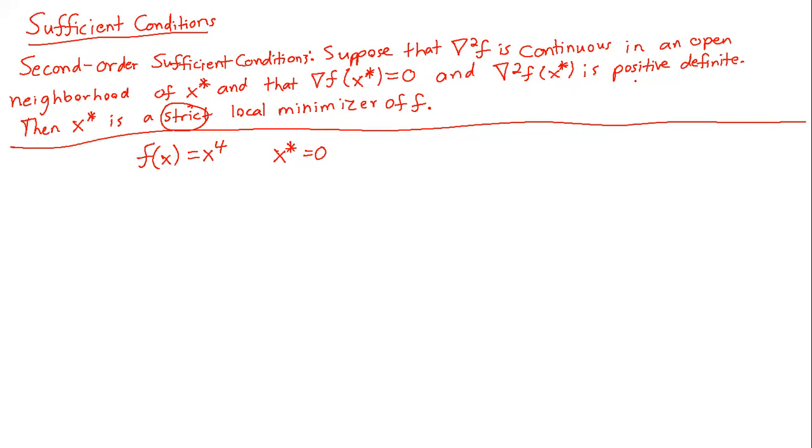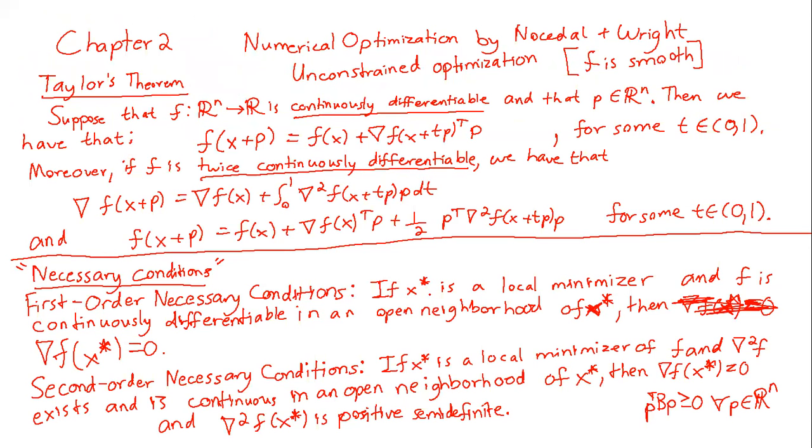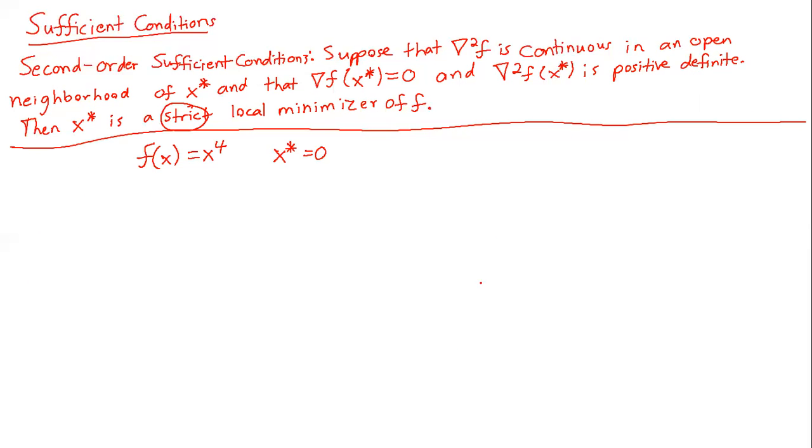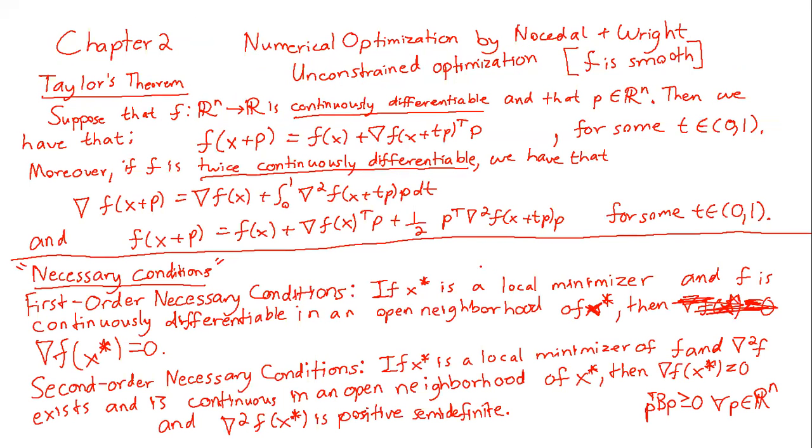Just because this is not positive definite, like if it's positive semi-definite, it does not mean that you necessarily do not have a strict local minimizer. It's just saying if these hold, then you get a strict local minimizer, but there could be strict local minimizers that don't satisfy these requirements. Now, of course, they have to satisfy the necessary conditions, right? So if it's a local minimizer, del squared f of x star has to be positive semi-definite. But it doesn't necessarily have to be positive definite to get a strict one. So these are the things that you 100% need.